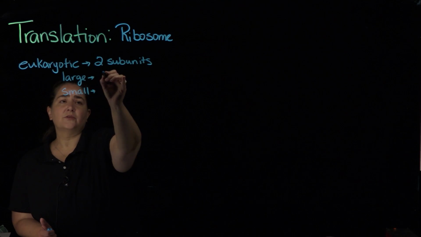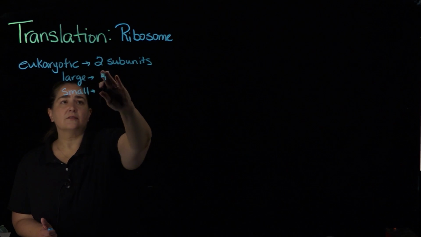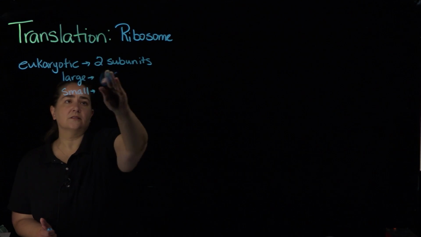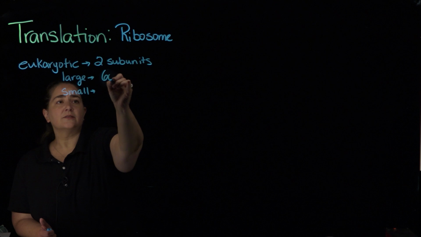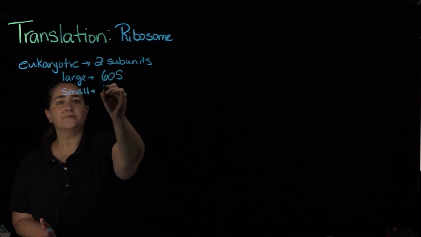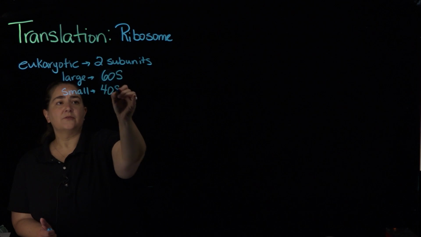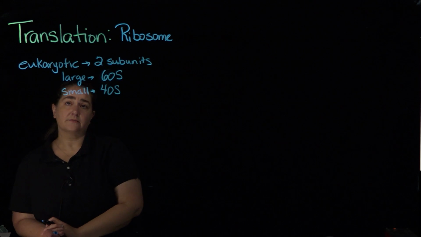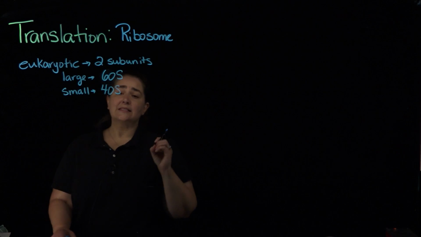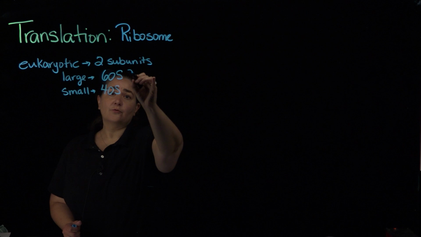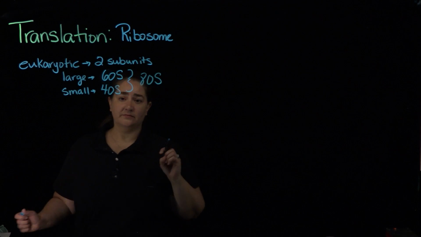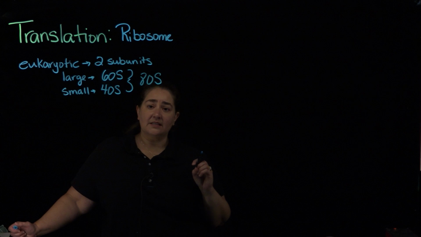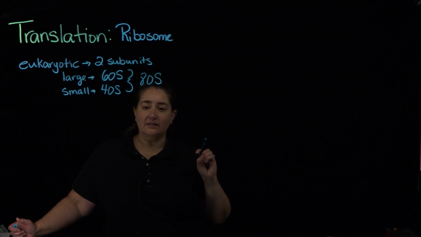The large subunit, oops, that's the small, sorry, getting ahead of myself. The large subunit is the 60S. The small subunit is the 40S, okay? Which makes the eukaryotic ribosome overall 80S, okay? And you're going to be sitting there going, oh, wait a minute, you can't do math, Dr.